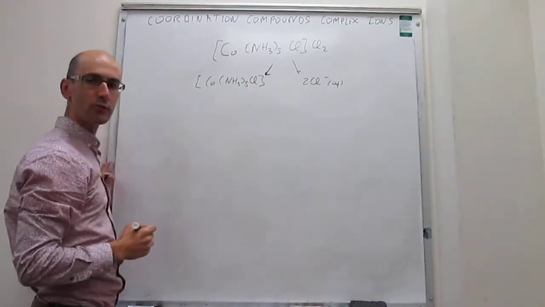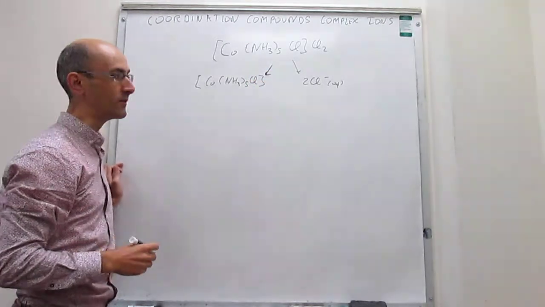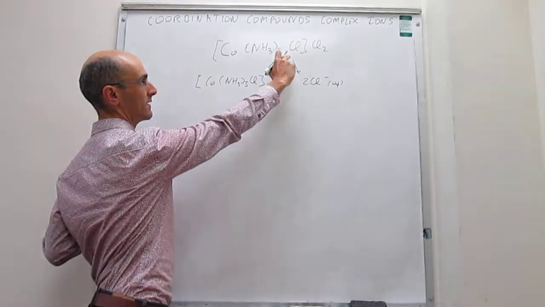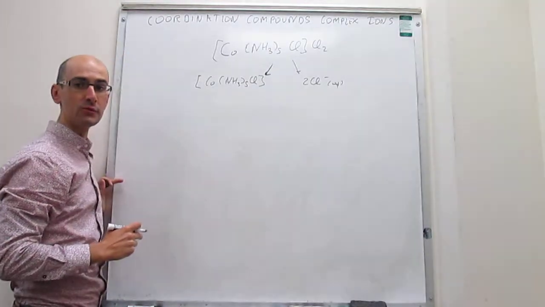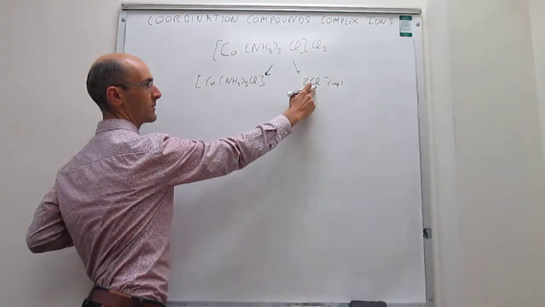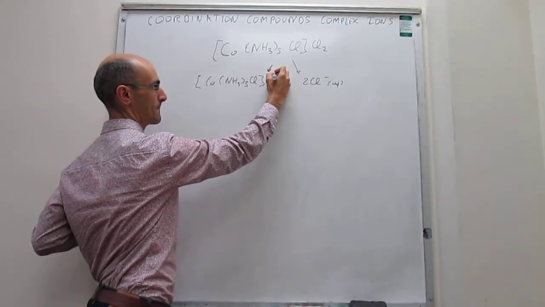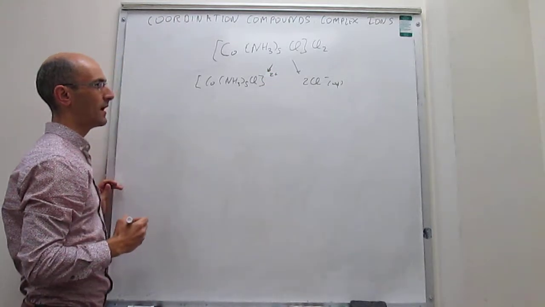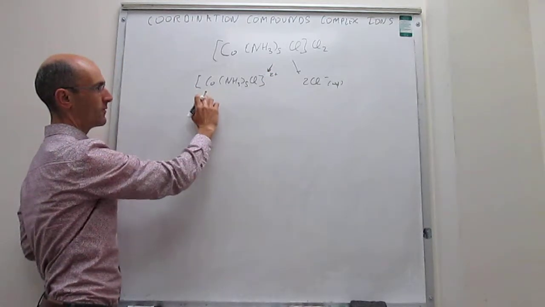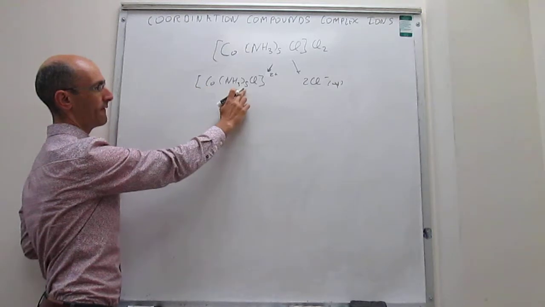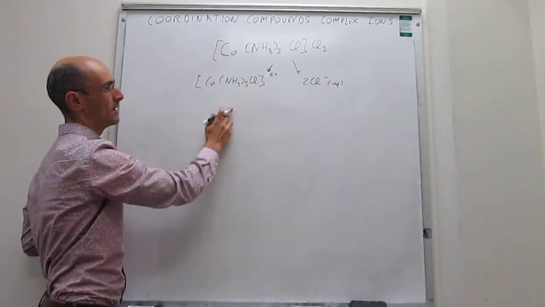Now, you can find out what the charge of that complex ion is by noticing that the overall coordination compound is neutral, and if you have two negative charges right here, that means that the charge in this complex ion is 2+.